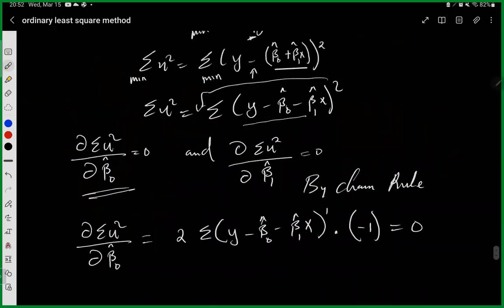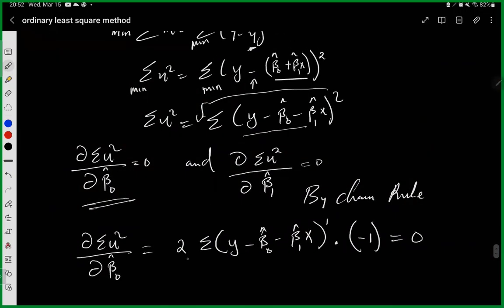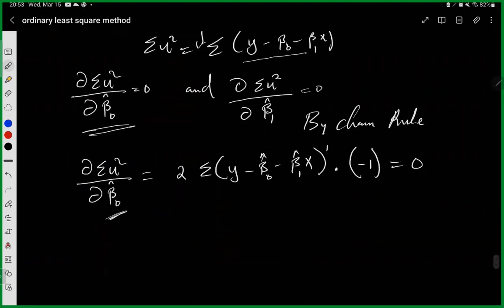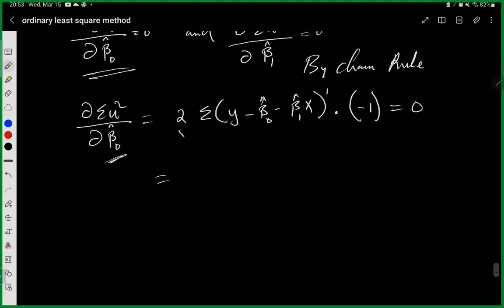So we differentiated this function. These two came down. We have 2 summation open bracket y minus beta naught hat minus beta 1 x 1. Then we multiply this by -1. Why -1? Because it's coming from the derivative of negative beta naught, since we're differentiating with respect to beta naught. To simplify, we just multiply this and that.